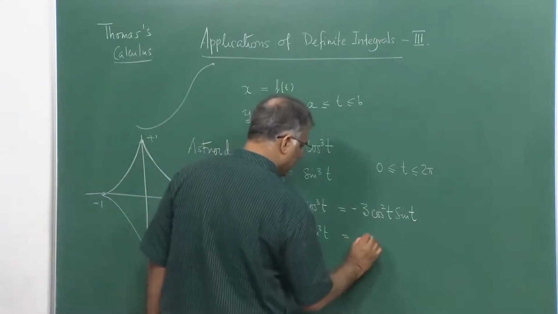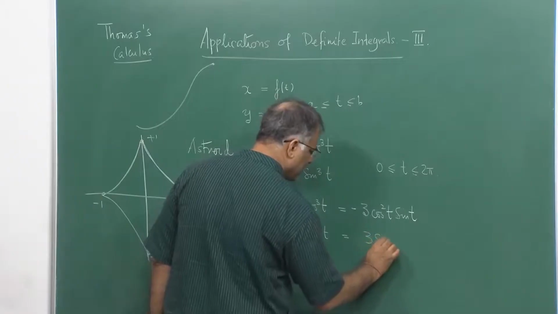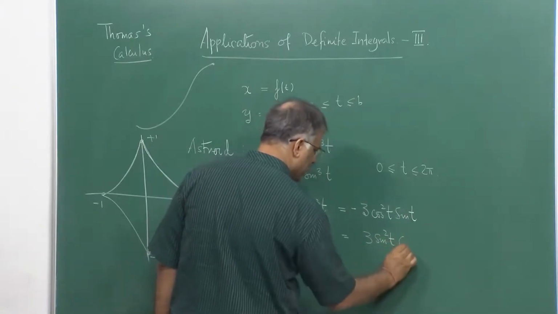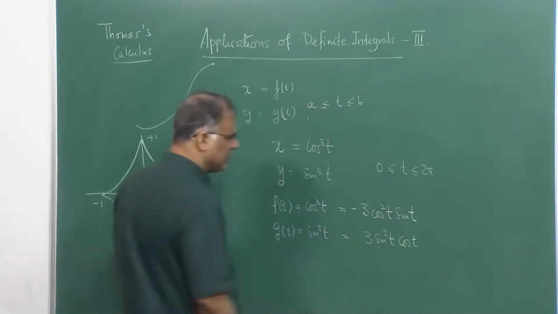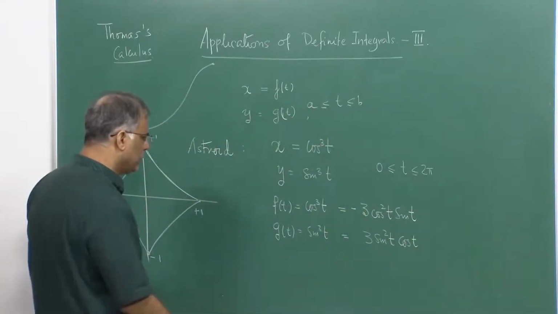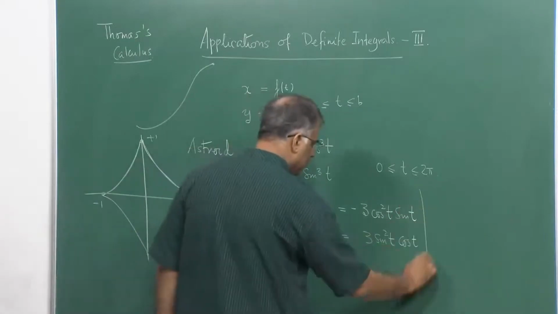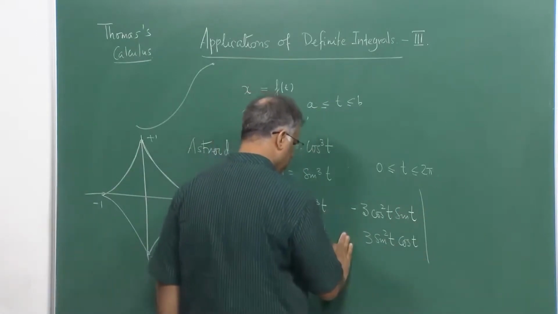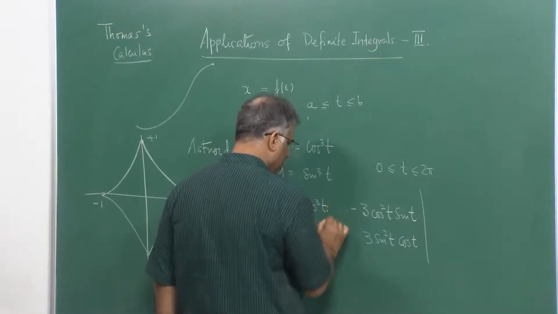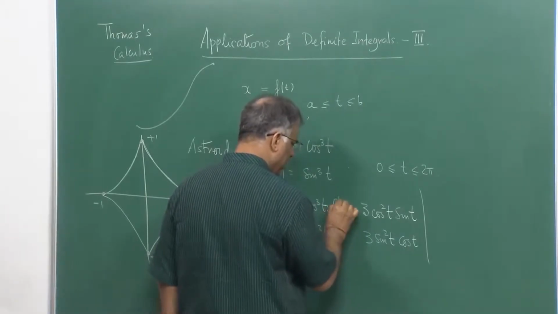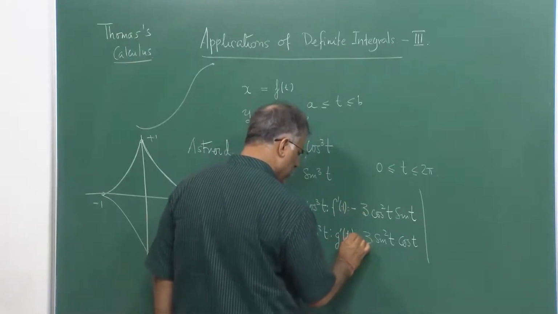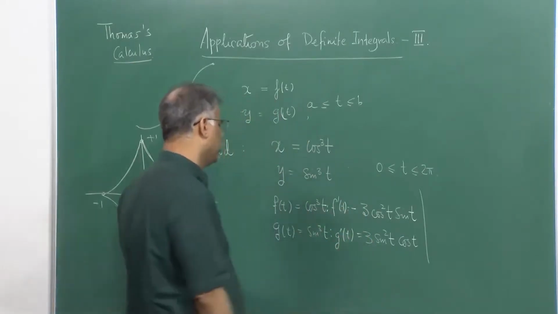Here it is 3 sin square t into the derivative of sin t, which is cosine of t. Sorry, I am making a mistake. Here I am having f dash t is this and g dash t is this.